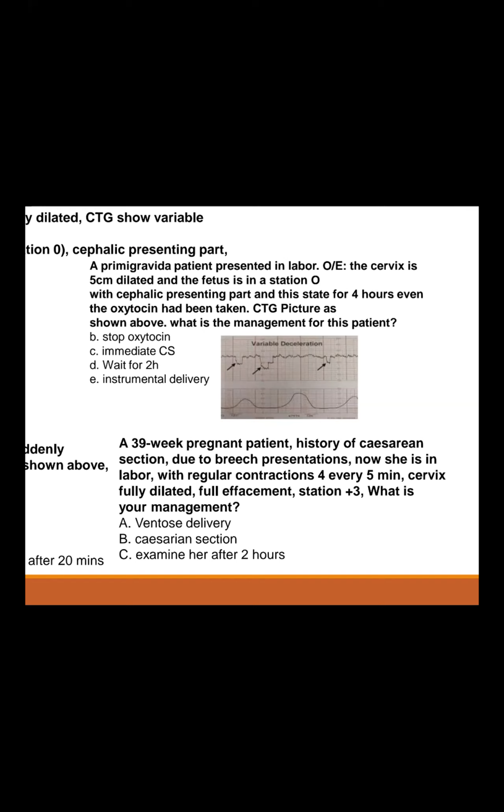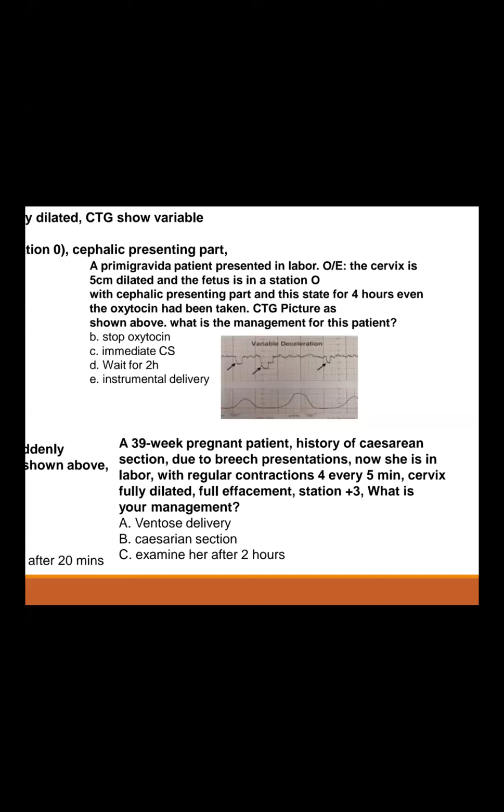What is the management for this patient? CTG shows late deceleration, cervix is 5 centimeters, fetus at station 0. Stop oxytocin, immediate CS, wait for 2 hours, instrumental delivery.